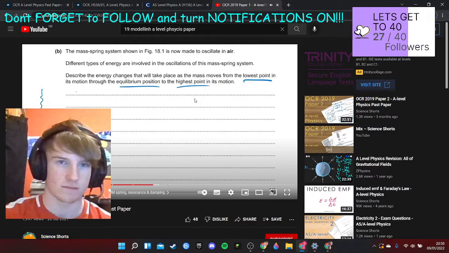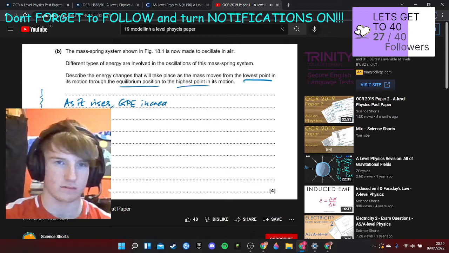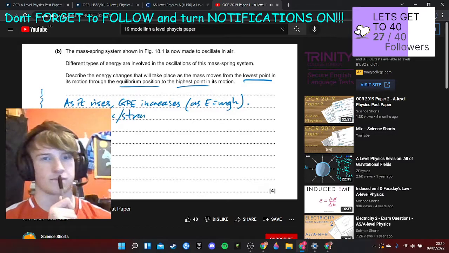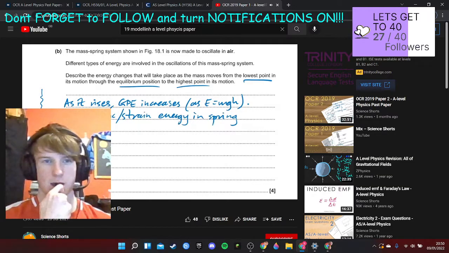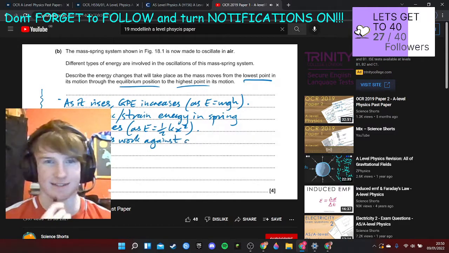So therefore we can say that as it rises, GPE increases as E equals mgh. But elastic, or we can say strain energy in the spring, decreases as E is equal to half kx squared. But we know that also the ball does work against air resistance.